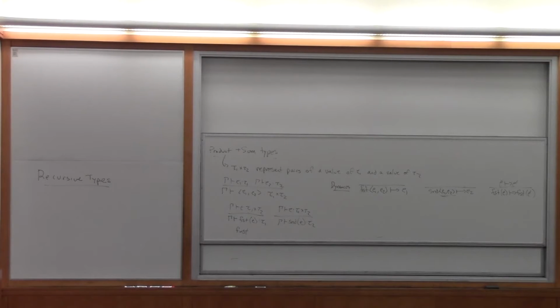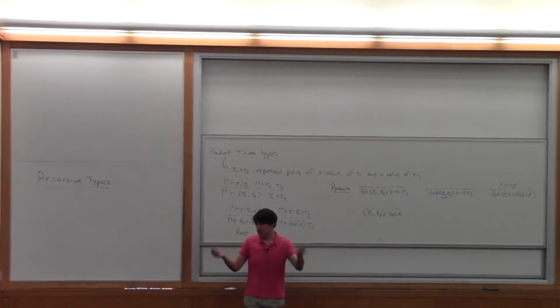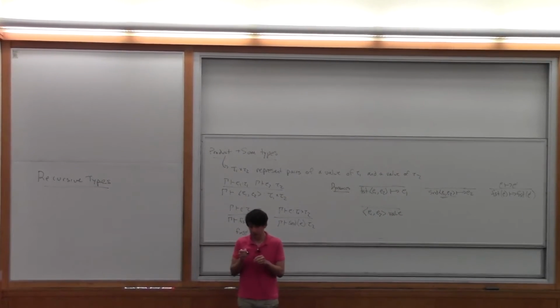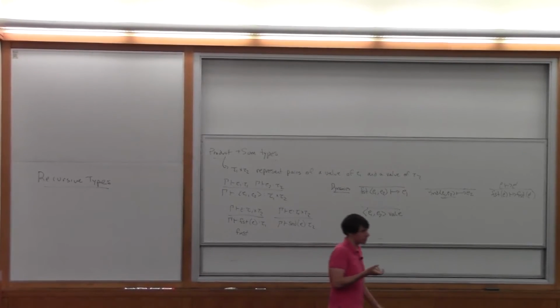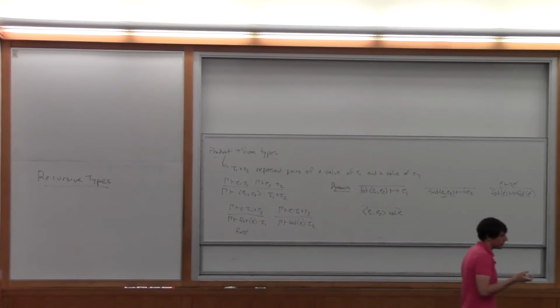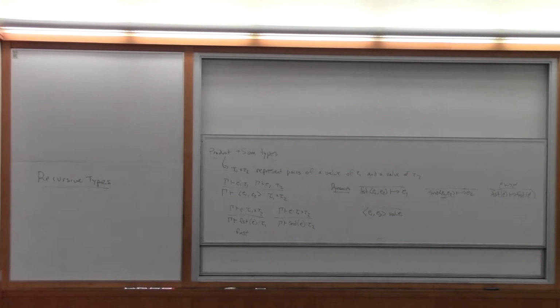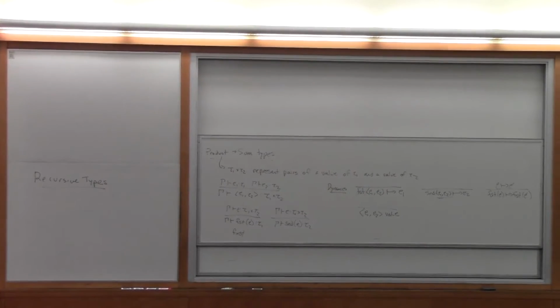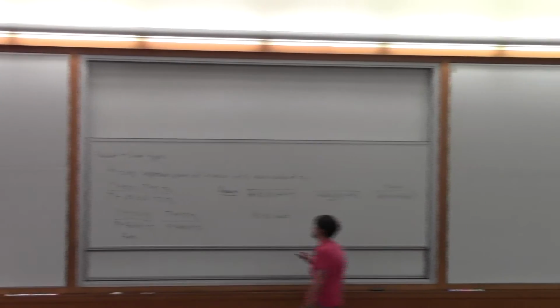So if you want your pairs to be lazy, then the only thing I need to say is that the pair E1, E2 is a value regardless of whether E1 and E2 are values, right? So like in the previous lecture, Bob was talking about whether natural numbers are eager or lazy. What that means is: is successor of blah a value, or is successor of blah a value only when blah is a value? Okay? So if we want lazy, then we do that.